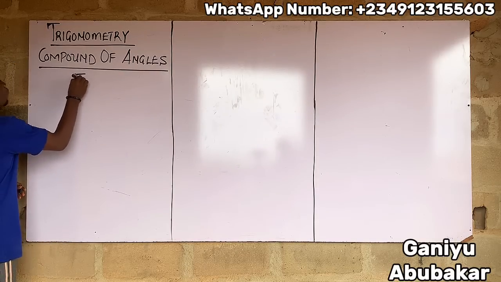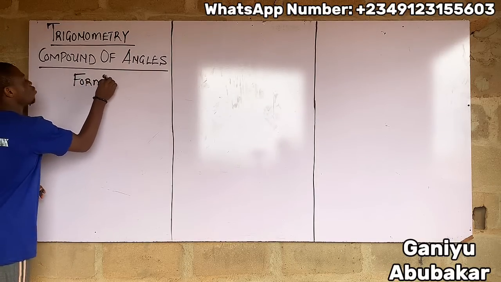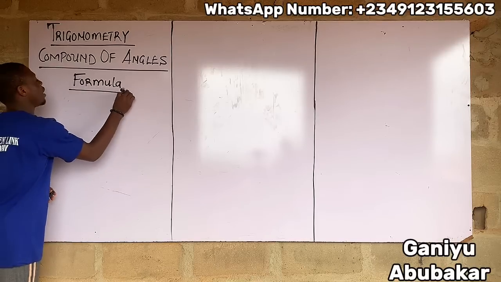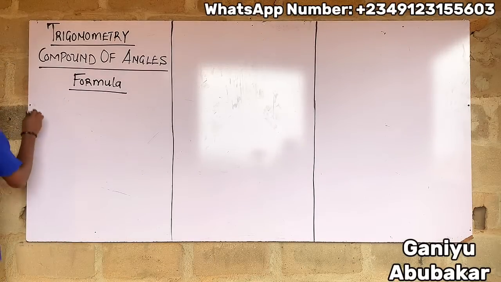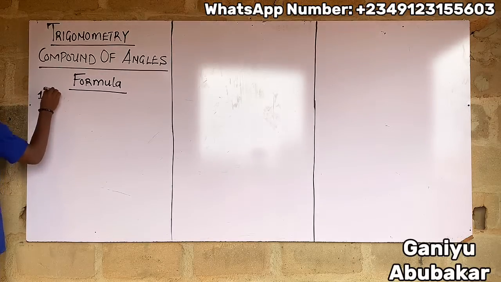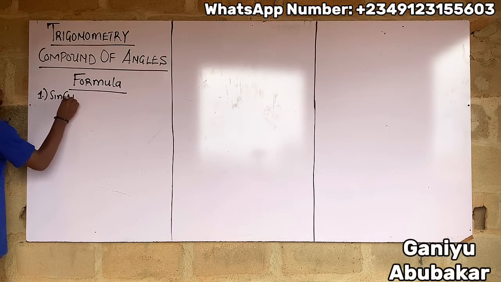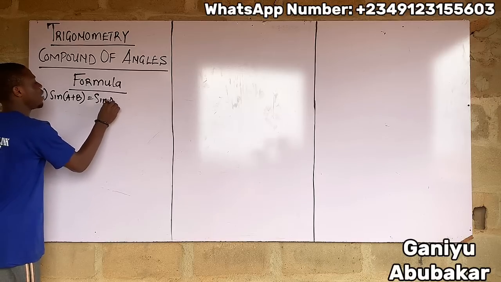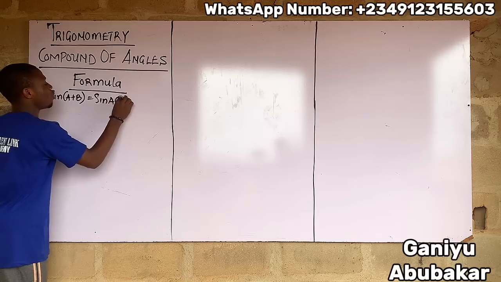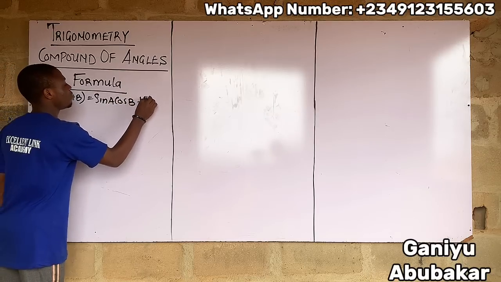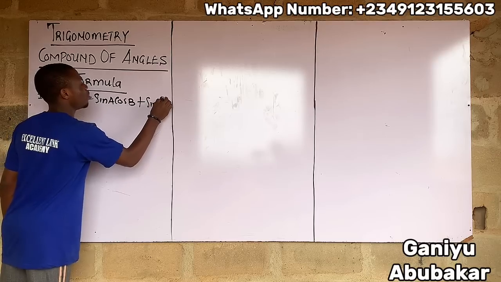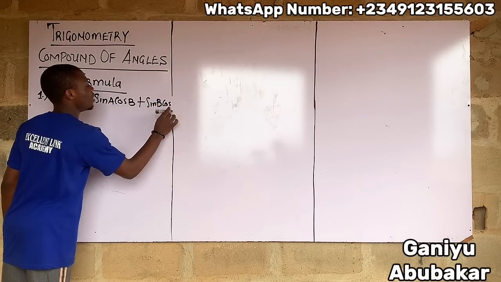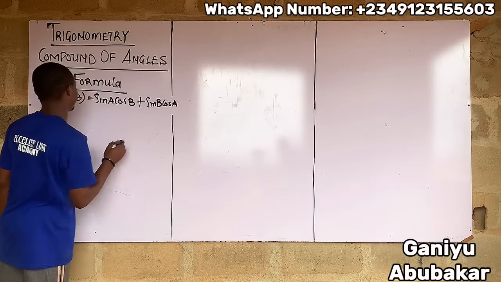So let's start with the formulas under compound angles. The first one, let's start with sine A plus B. This is equal to sine A cos B positive sine B cos A. This is my first expression.